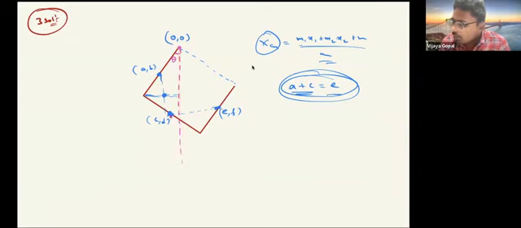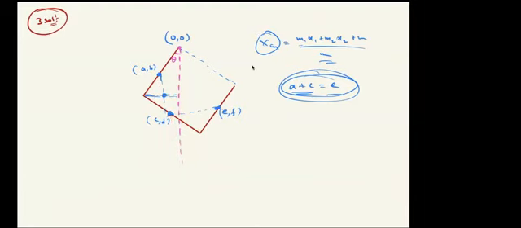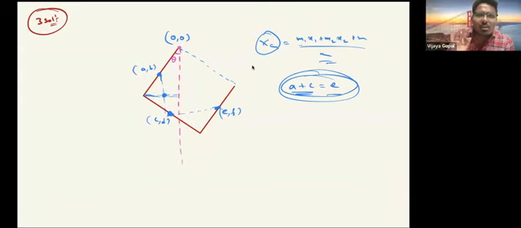How did you find the perpendicular distance? That's what I'm asking. Tell me whether you have taken that or not. If you have, then you should get the correct answer; if you haven't, you have done it wrong. See here. If this is theta, what will this angle be? 90 minus theta. And this angle will be theta again.